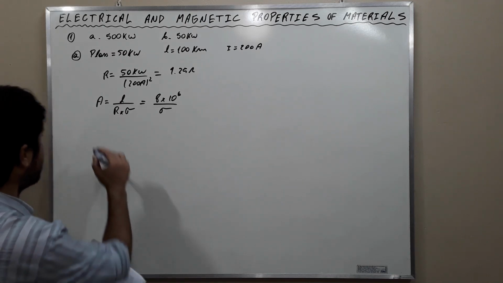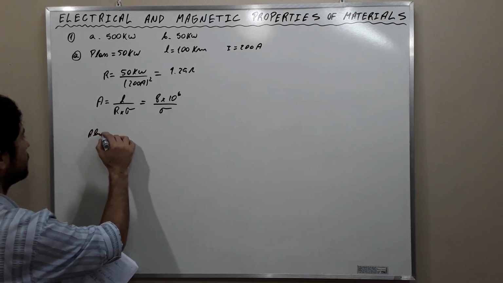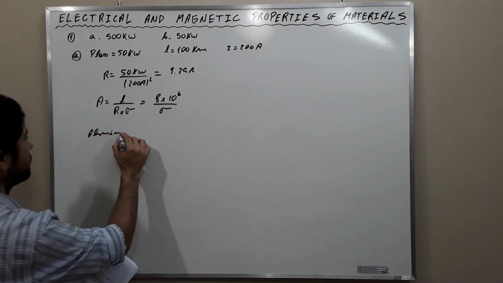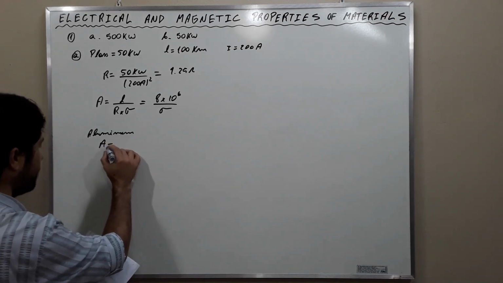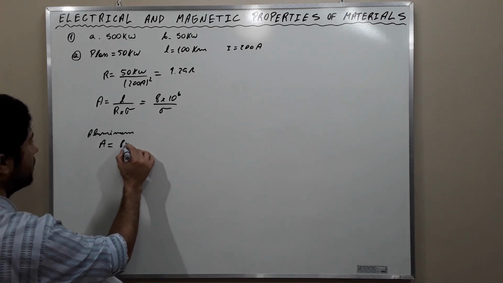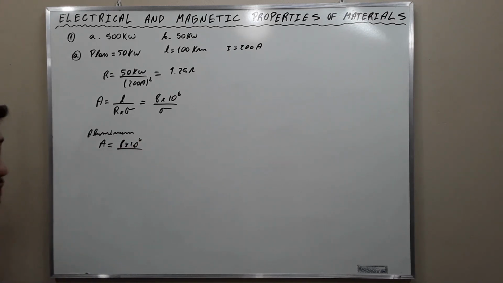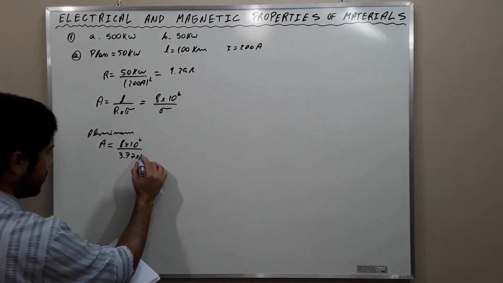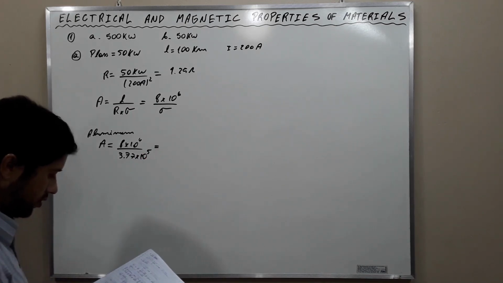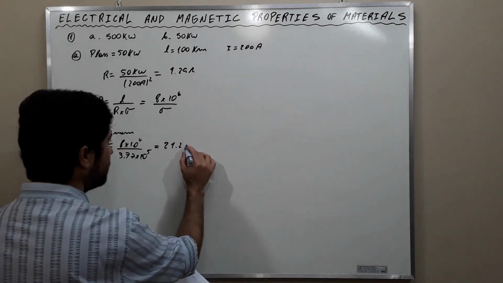Okay, and the cross-sectional area for aluminum is 8 times 10 to the 6th divided by the conductivity per centimeter of aluminum, which is 3.77 times 10 to the 5th, and this is equal to 21.2 square centimeters.